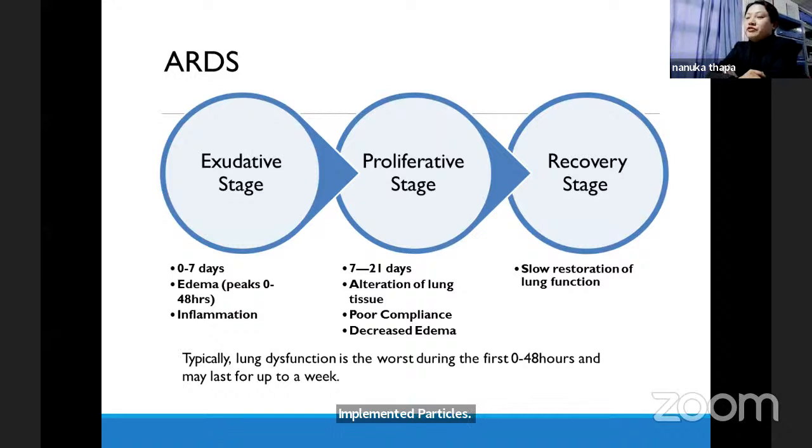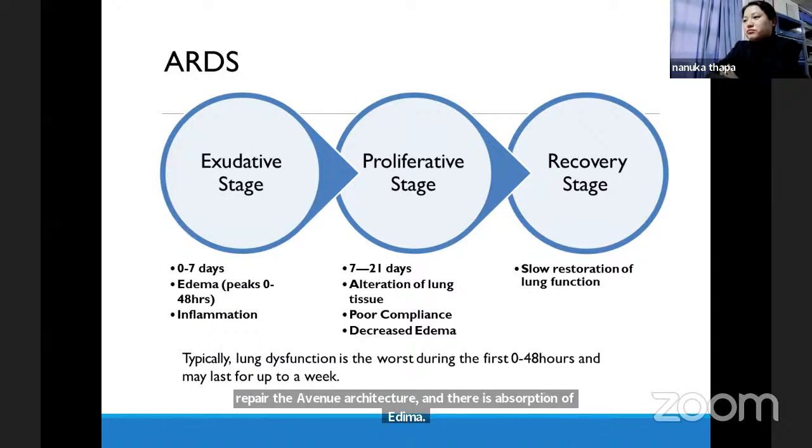So the proliferative stage starts from 7 to 21 days, and it is the lung's attempt to re-establish the damaged epithelium, and the lung tries to repair the alveolar architecture, and there is absorption of edema. But at this stage, there is poor compliance.